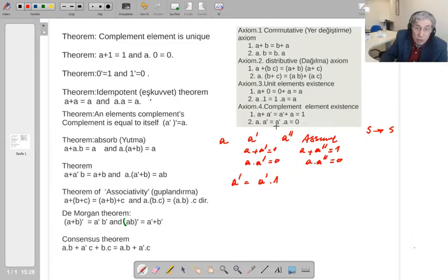This axiom tells us that for any element in S, there is a relation like that. So for A prime it is true, for A it is true, and for A prime it is also true because A prime is within this set S. Okay, I use that theorem here.